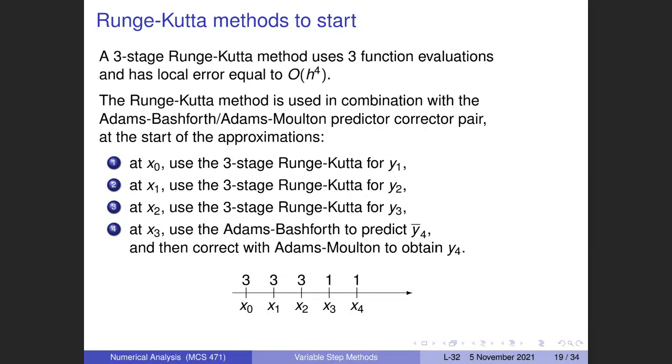Here this is explained schematically. We start at x0 and we want to compute y1. Y1 is computed with 3 function evaluations. This is the cost that we have at our first step. We get y1 here.